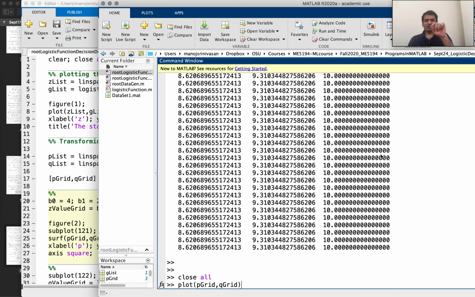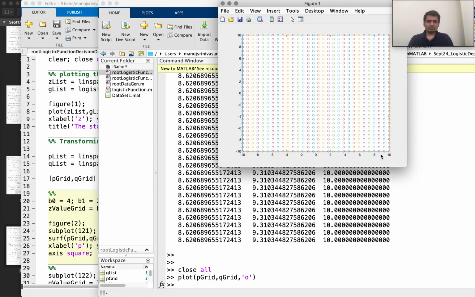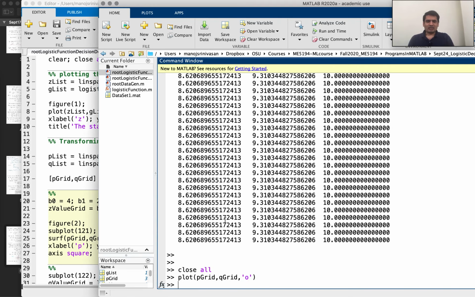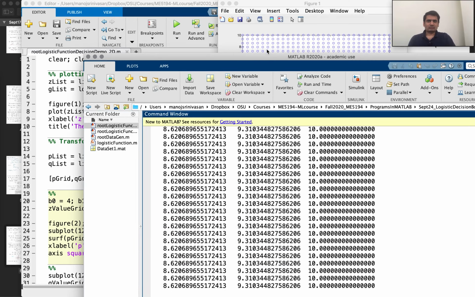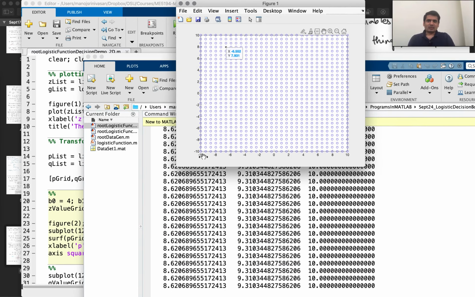P grid, Q grid basically gives a list of points that is all possible combinations of P list and Q list. Okay, so let me plot this all in blue. So what is this? We've just plotted P grid comma Q grid, which is basically every possible grid point in this 10 by 10 grid.